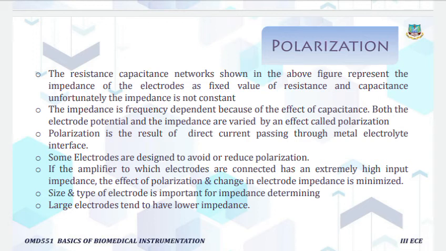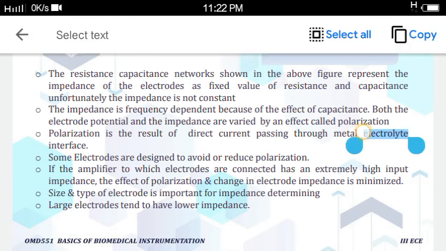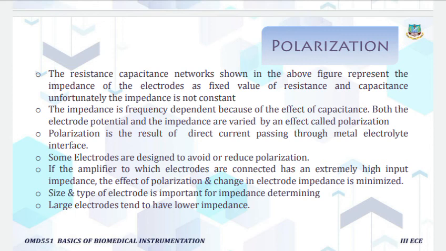But here we know the impedance will vary. It will not be constant, there will be some variation in the impedance in the network also. The impedance is frequency dependent because of the effect of capacitance.